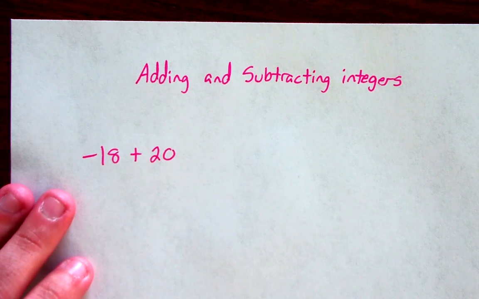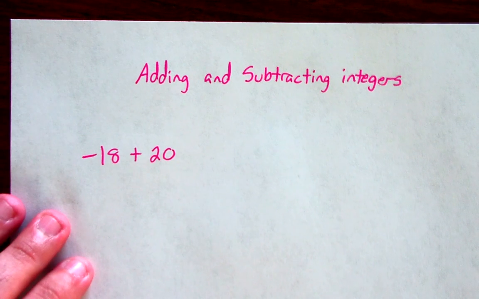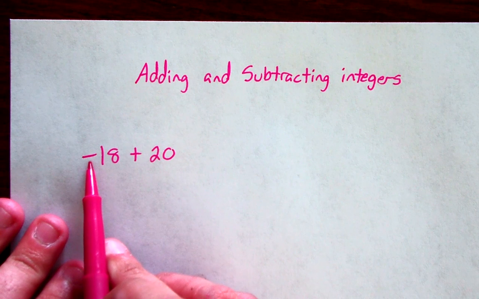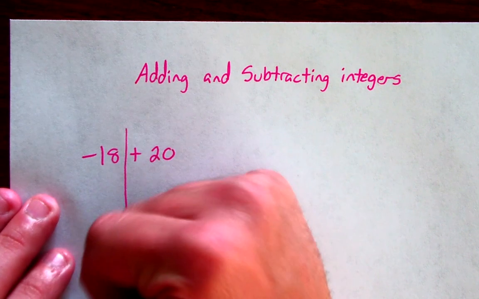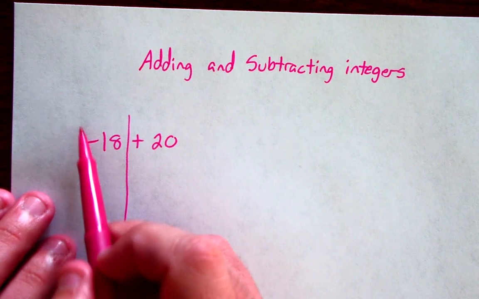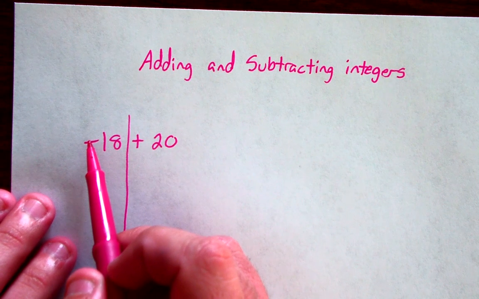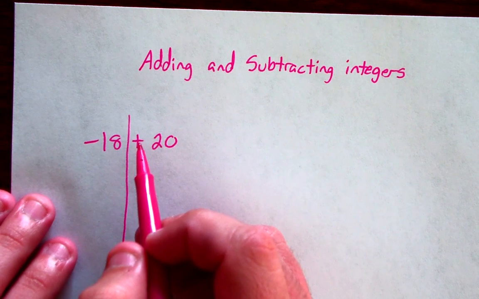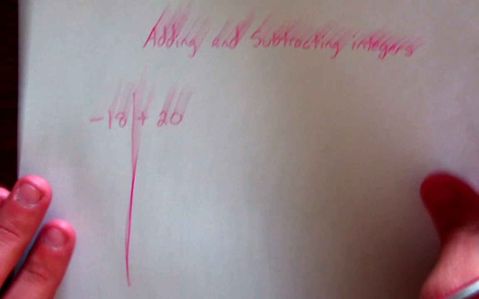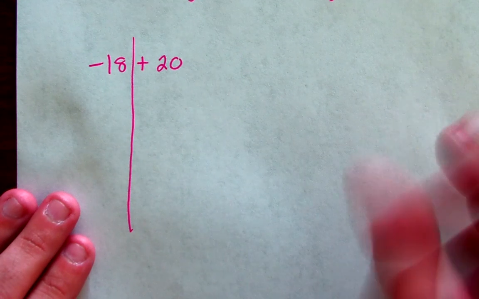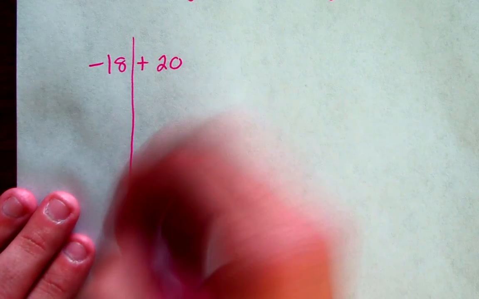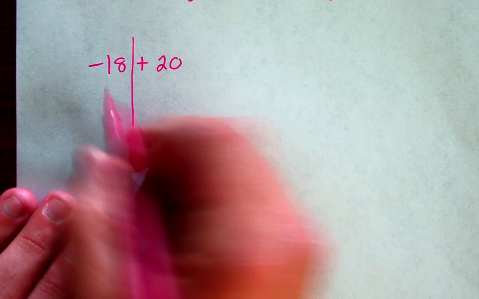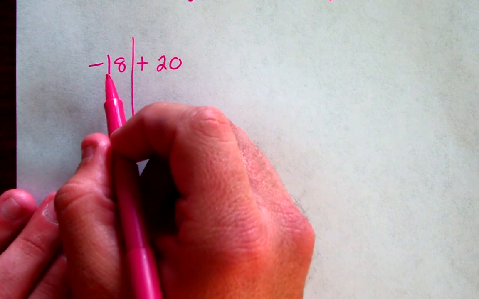I started by separating out each term. Remember, each term had a symbol and a number attached to it. We talked about the negative as being people with negative attitudes. The positive is people with positive attitudes. Remember, we said all the negative attitudes will cancel out. So let's see, I have 18 people with negative attitudes.